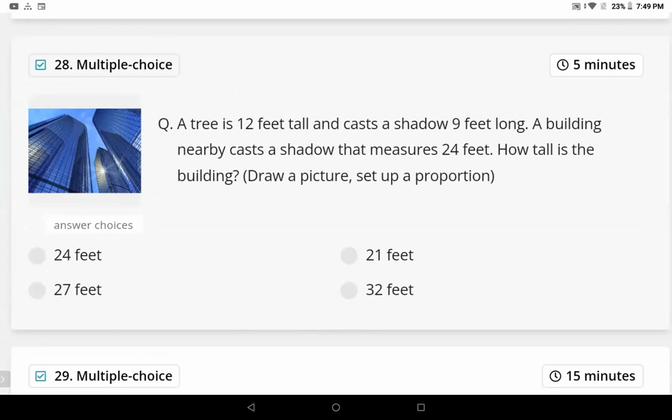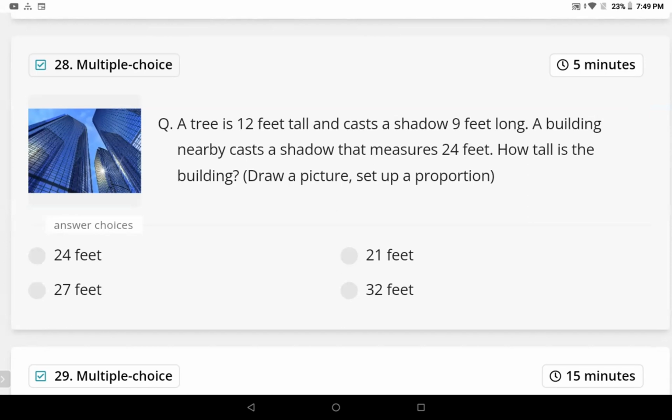Bhavya, Divyesh, are you there or not? How will you get 24? Who is saying that 24 is correct? No, I think a tree is 12 feet tall, and the cast shadow is 9 feet.